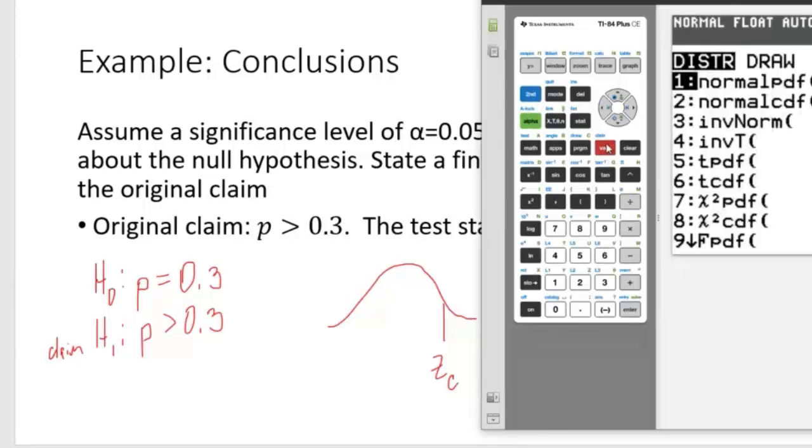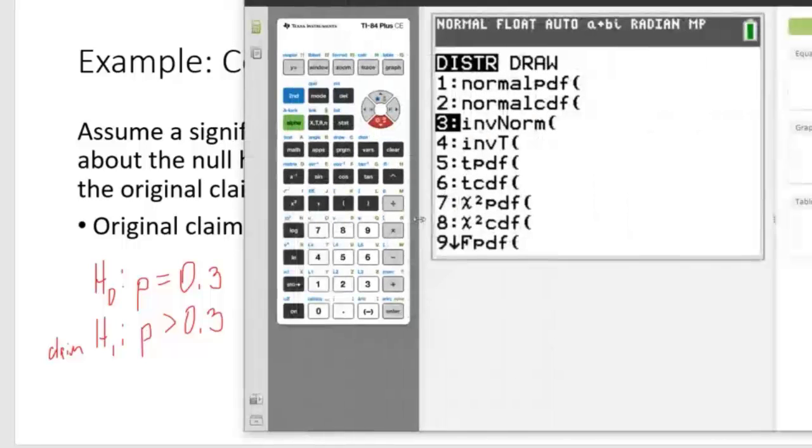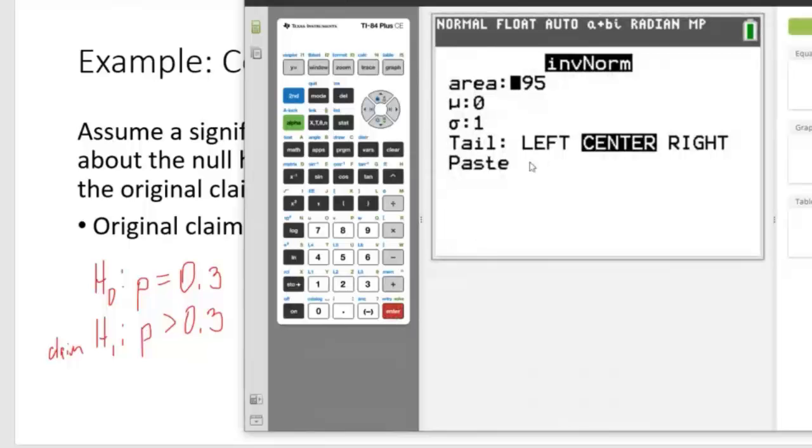So I'm going to my distribution and option 3. Or I could do it to the right. I always forget that this calculator allows me to do this. If I'm going to do the 95, that would be my area to the left of that Z mark. Or I can just say I'm putting 5% in that right-hand tail, and that might be the easier thing for a lot of you.